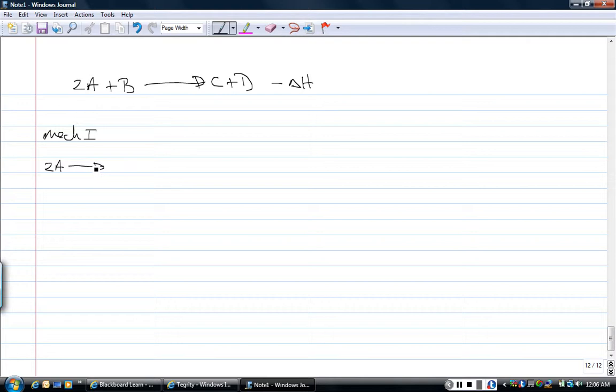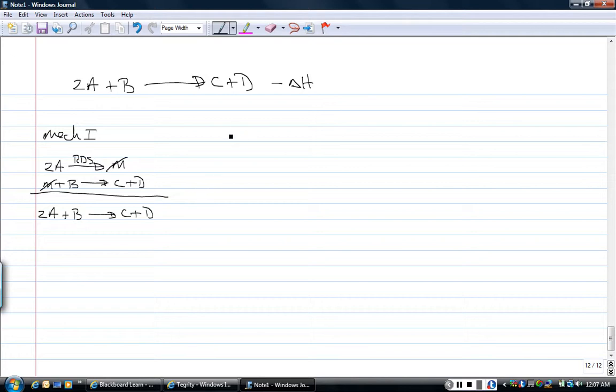So I mix 2A and B in the pot, but 2 A's come together and they form M. Then M reacts with B, and that forms C plus D. Now, when I sum the steps together, the things that are present on the right and on the left I can cross out, so that overall, 2A plus B gives rise to C plus D. And let's say this lab suggests that step 1 is the RDS.